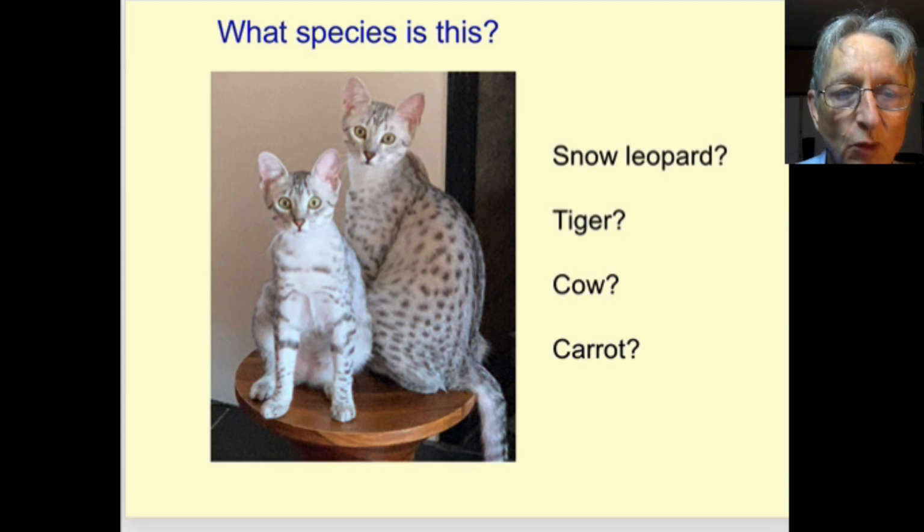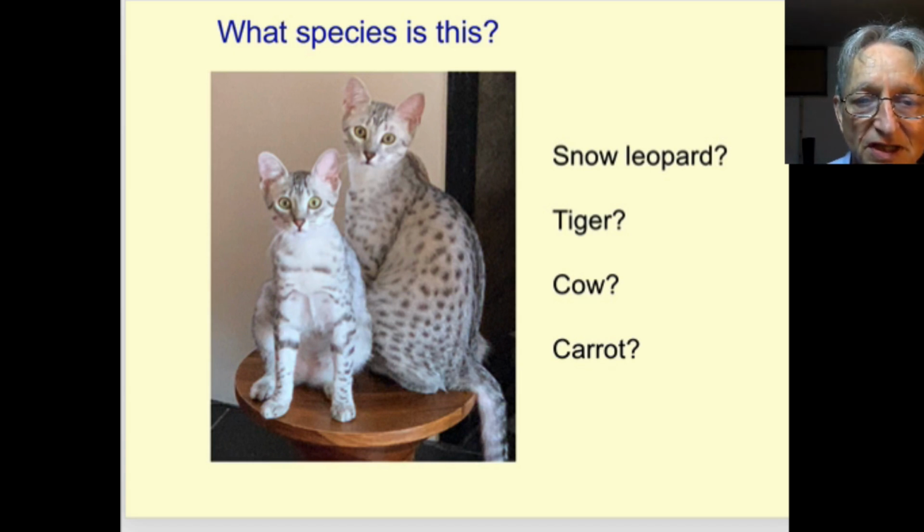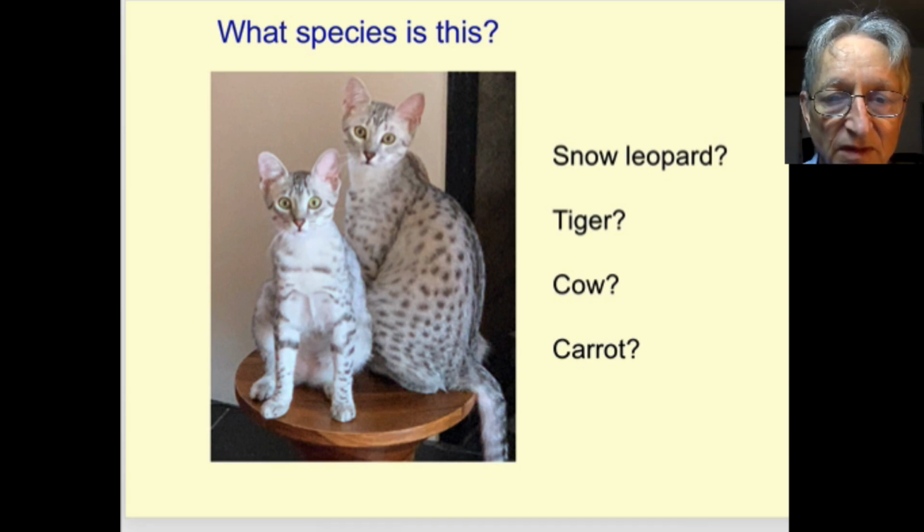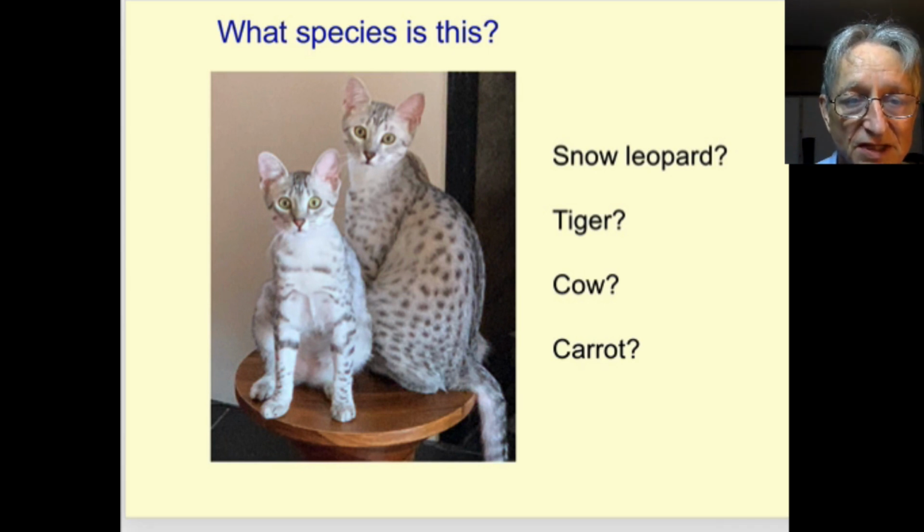So if I ask you, what species is this? And give you the following answers, none of which are correct, it's fairly clear that snow leopards are a lot better than tiger, and tiger's a lot better than cow, and cow's a lot better than carrot. What you notice here is there's a class hierarchy. The first 3 are animals, and they're all much better answers than carrot. And in the soft probabilities output by the big model, you see this class hierarchy.